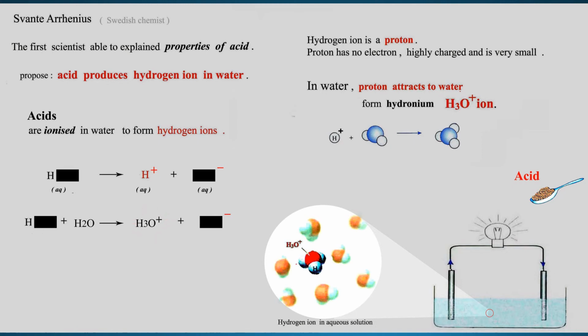And in fact, writing H3O plus is more accurate. H plus aqueous is a convenient way we write equations. But the more accurate way is to write H3O plus. But students, writing H plus aqueous will be quite good enough.